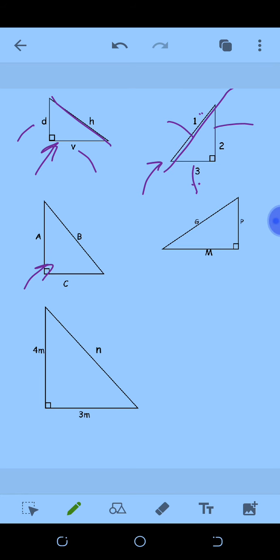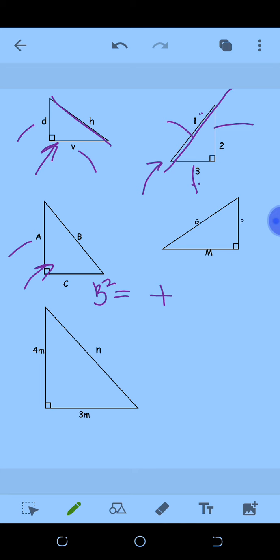So I'm going to write B square, because he said the square of the hypotenuse. So square of B equals the sum, which is plus, of the square of the adjacent sides.